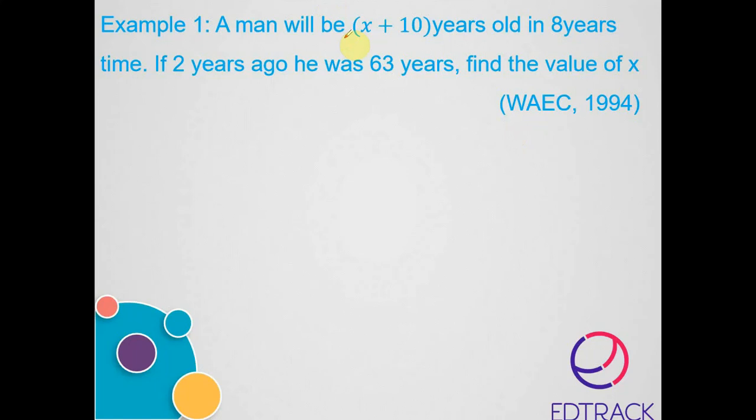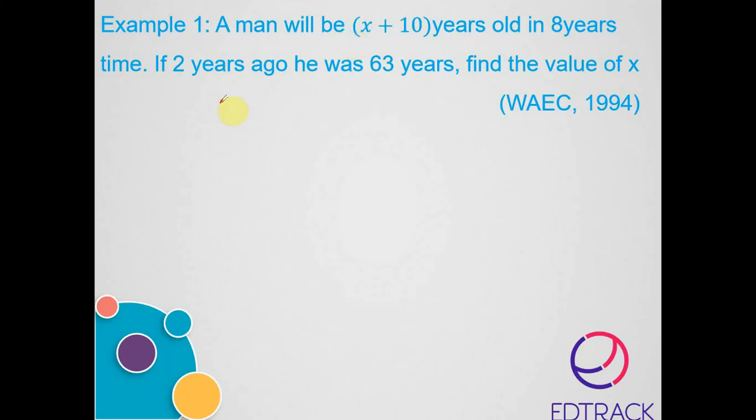One thing I want you to understand about algebra is to make sure you read and understand whatever question you are given. If you understand the question, this will help you in interpreting it before you solve. Let's interpret and solve this question together.